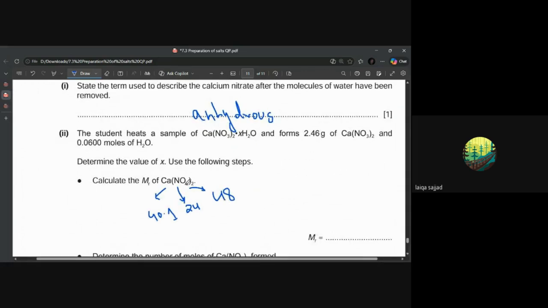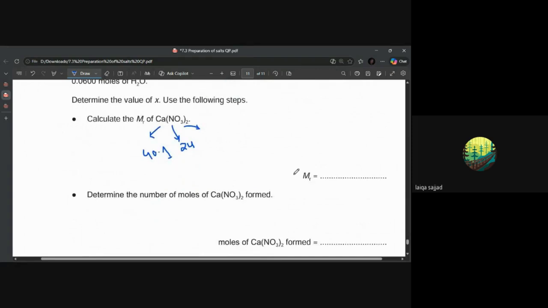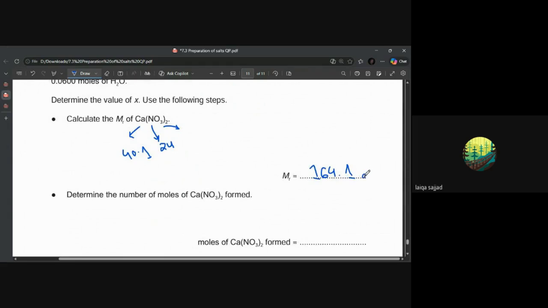So the total number of oxygen atoms would be 6. So you have to simply multiply 16 times 6, and the total answer you will get is 164.1 grams. The unit that we use to represent the molar mass is grams per mole.